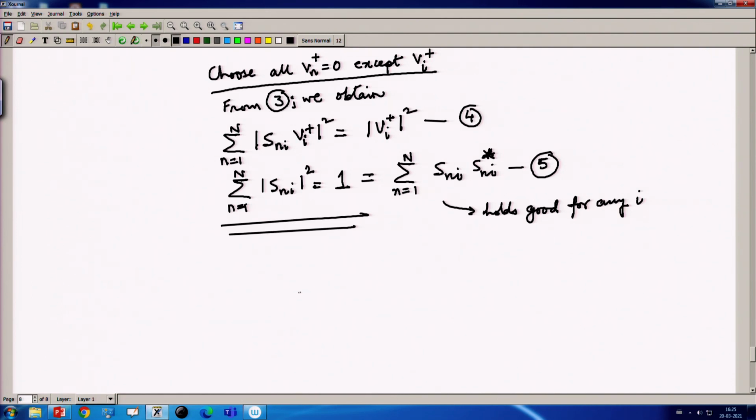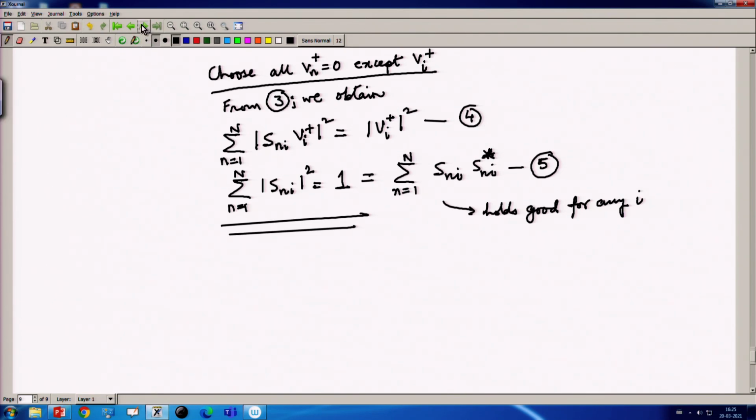In order to go to the next phase of the relationship, particularly to find out what happens if we choose two different columns, what is going to happen?